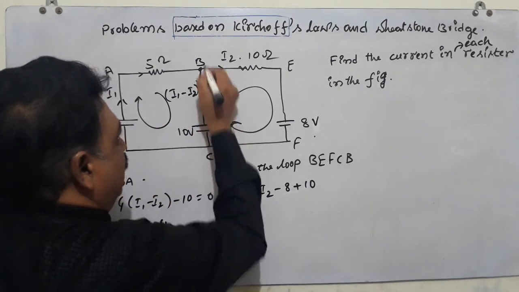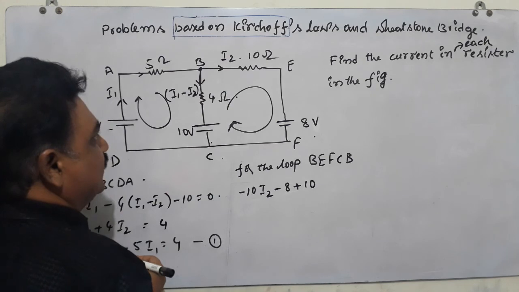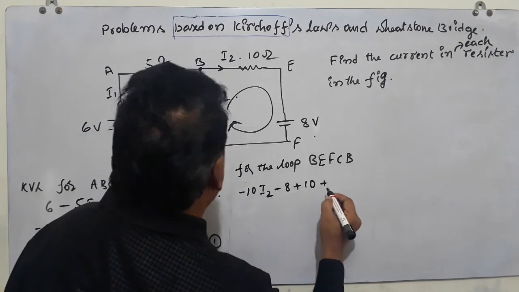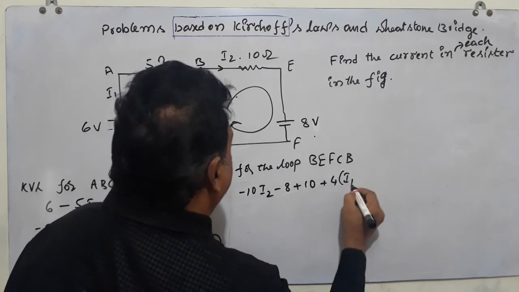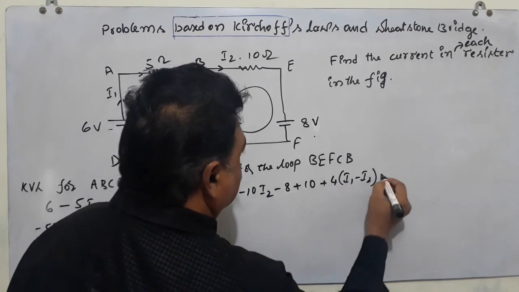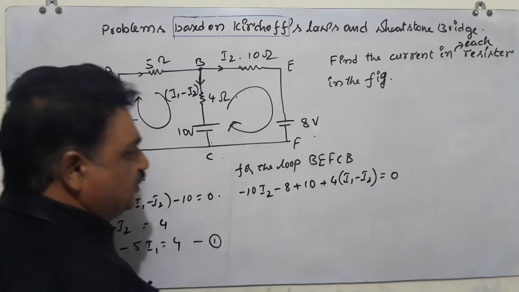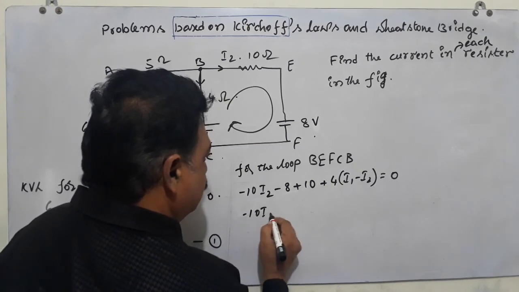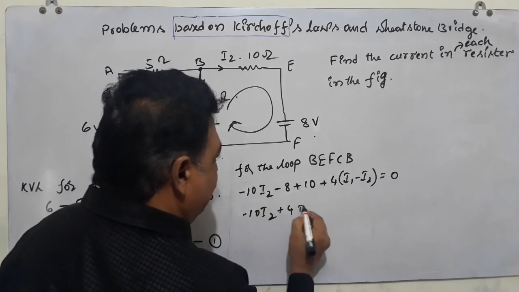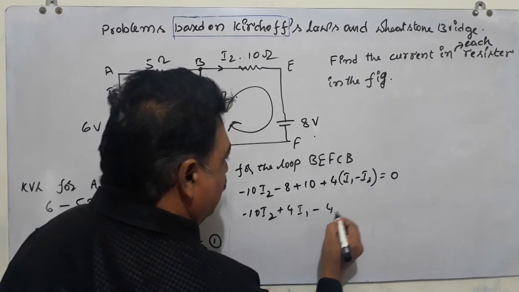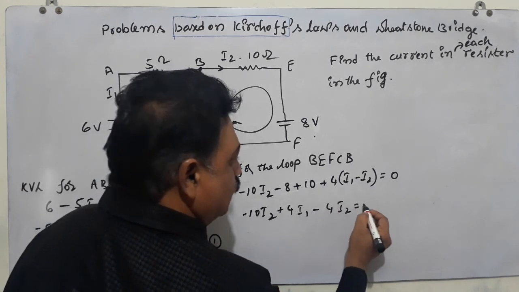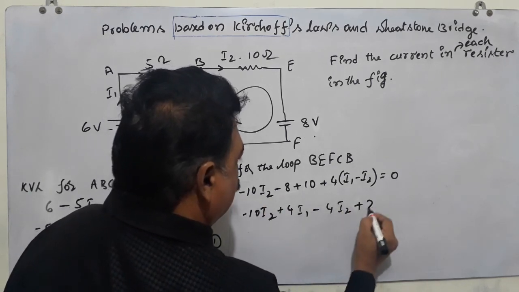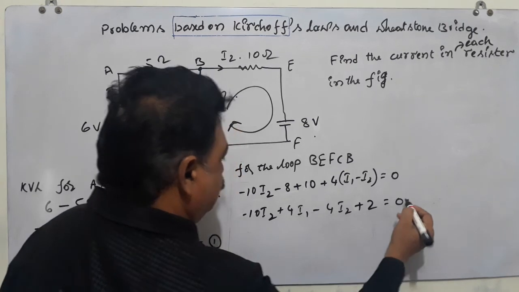And here you are moving against this current I1 minus I2, that means plus 4 into I1 minus I2 is equal to 0. In this situation, minus 10I2 plus 4I1 minus 4I2 plus 2 is equal to 0.